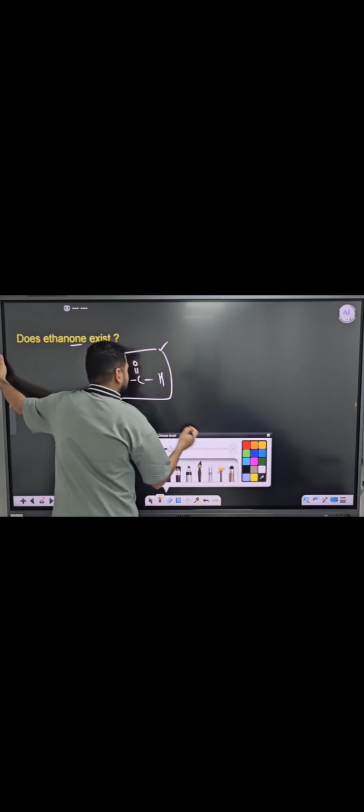Now there is a question. Does ethanone exist? Let's try to make the structure of ethanone first. What do you mean by ethanone? 2 carbons. First ONE group means CO is there, C double bond O, right? Then one more carbon is there. Let us say, for example, this is carbon CH3, right? And there will be hydrogen, right? Now name this compound. Guys, few minutes back we did this. It will become that type of functional group, CHO. CHO functional group. That means it is an aldehyde. And if you have to name it, how many carbons are there? 2 carbon.